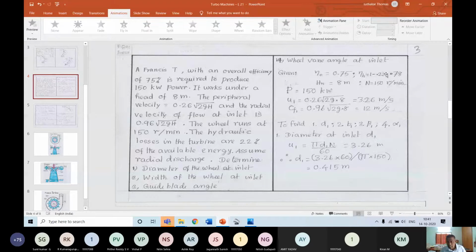Now the net head is 8 meters, speed of rotation is 150 revolutions per minute. Now about turbo machines. Generally, people have an idea that turbo machines are high-speed rotating machines.